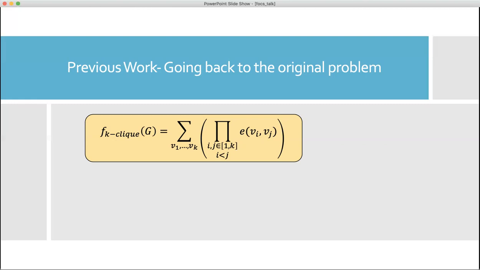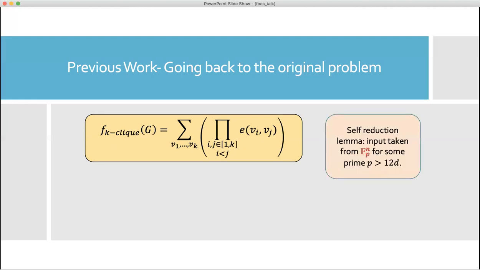So this polynomial gives us the number of KClicks in the graph G. And it is also low degree. Its degree is k choose 2, and we treat k as constant, so the degree of this polynomial is constant. Now, in the self-reduction lemma, if you remember, the worst case to average case is over a finite field. So in the average case, we end up with numbers that are chosen from this prime field.